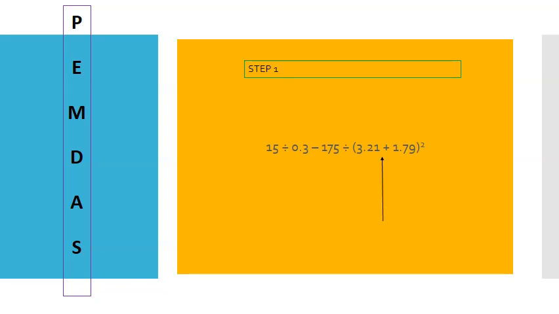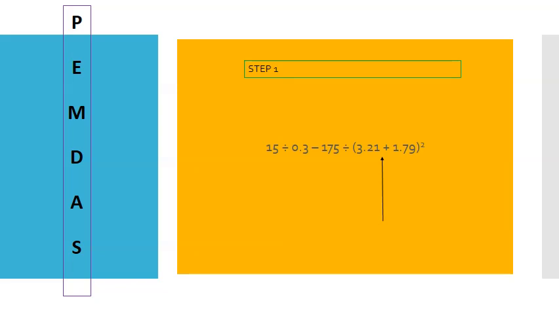And the first thing that we're looking at is parentheses. So we scan our expression and we see what's in parentheses first before we do anything else. We even ignore the exponent for now because we're only looking at what's inside the parentheses. So I have a little arrow there pointing to what's inside the parentheses to tell us that's the first thing that we need to do.